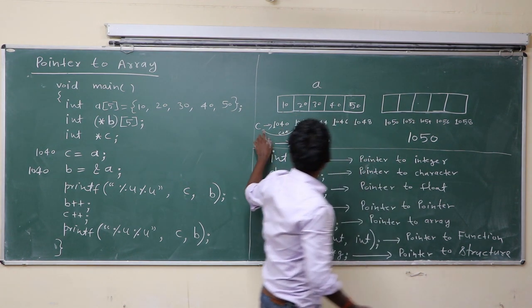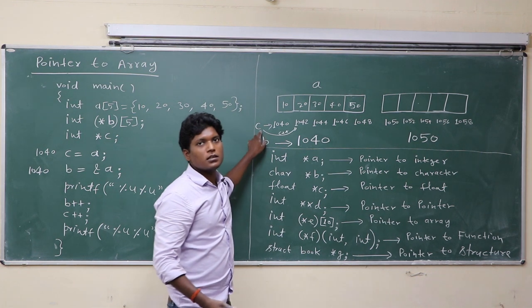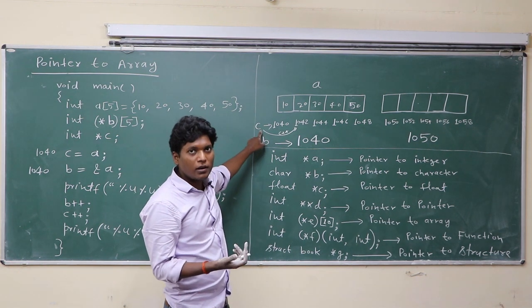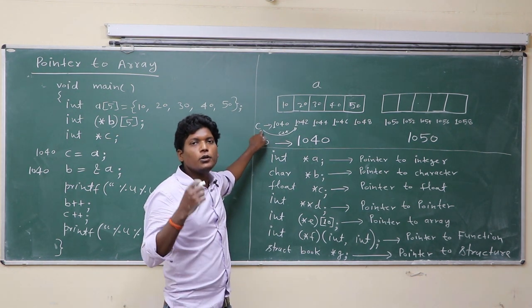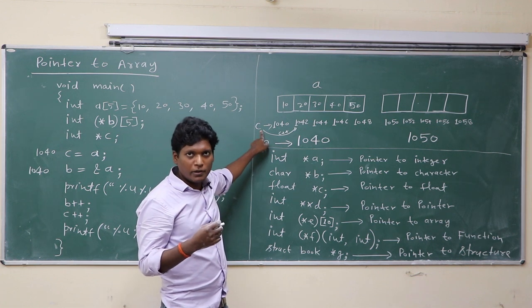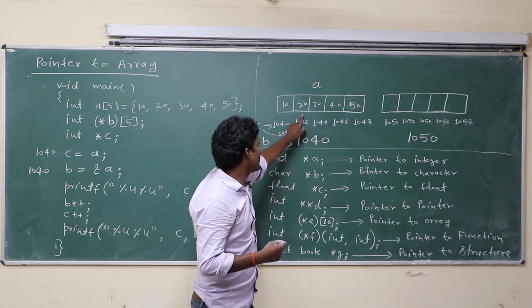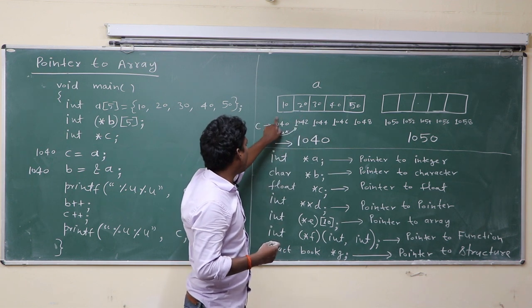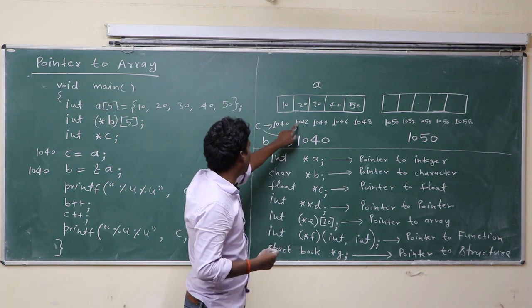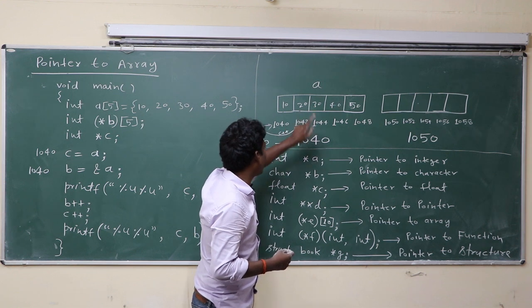Okay? C is a normal pointer variable. When you increment a normal pointer variable, it points to the next location of the same type. Currently it points to the address of this block; next time when incremented, it points to the address of this block.